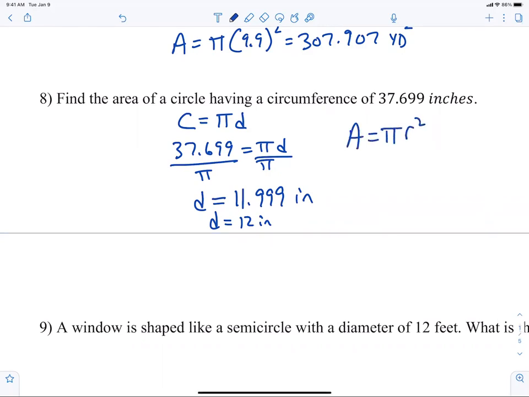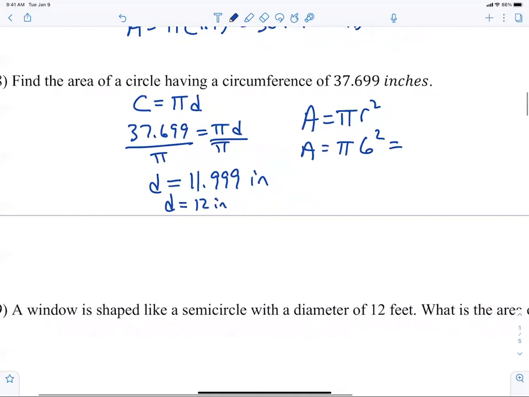Feels good to be smart, doesn't it? What's the radius? Wow. Final answer.